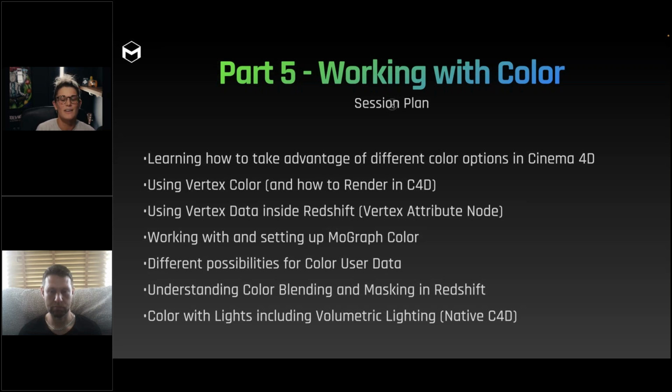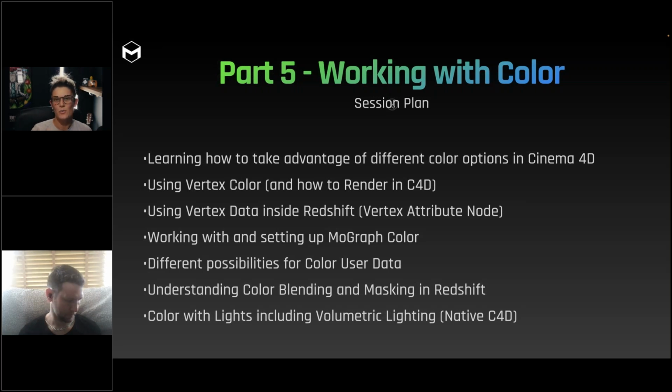We're also going to have a look at the other possibilities of color user data, like display color, object ID, and index ratio. We can use all of this data inside of materials to create some really fun and creative results.